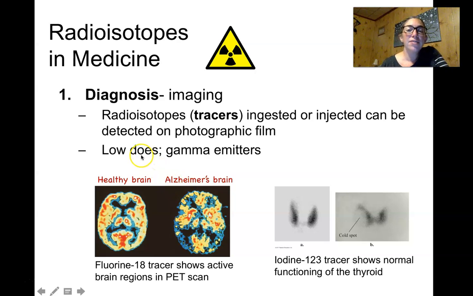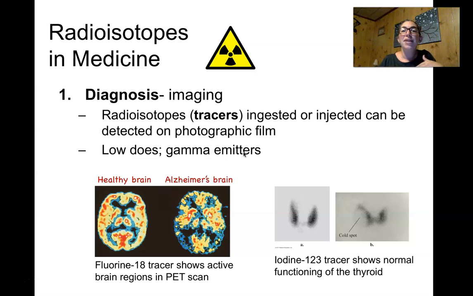So for diagnosis, we want to choose isotopes that are gamma emitters because you're injecting them or ingesting them into the body, and then you stand in front of a screen or a detector that can detect that radiation. But it only detects the radiation that actually leaves your body and hits that detector.